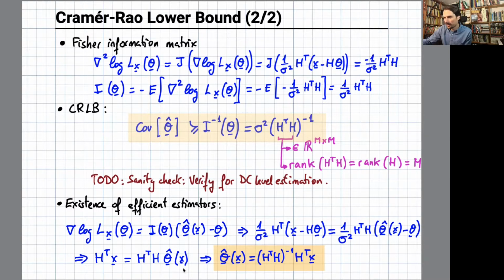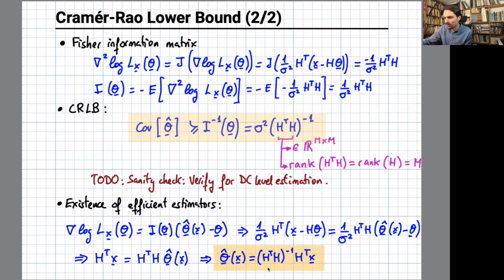Since this matrix H transpose H is invertible, we can multiply both sides by its inverse, and therefore we find that theta hat of x is obtained in this way.